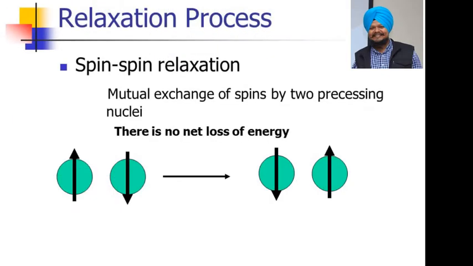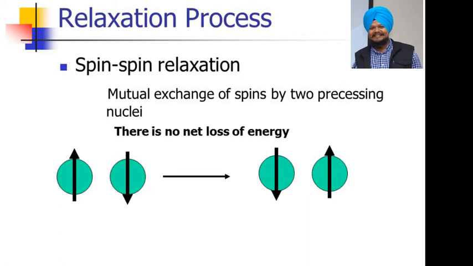Today we will discuss the relaxation process. Basically there are two types of relaxation process. One is spin-spin relaxation, another is spin lattice relaxation. In the spin-spin relaxation process, there is mutual exchange of spins.